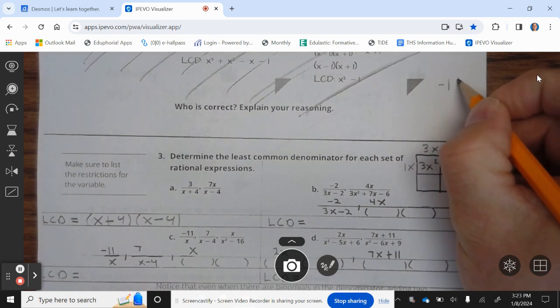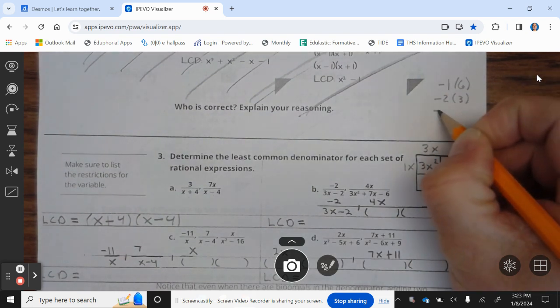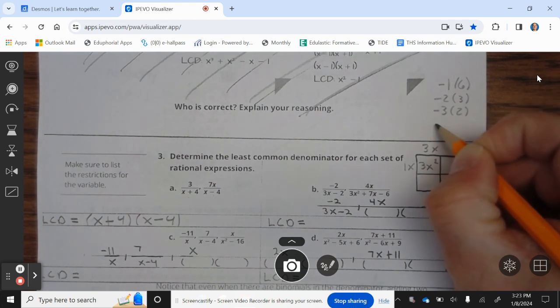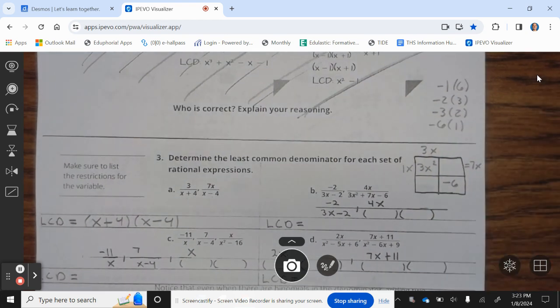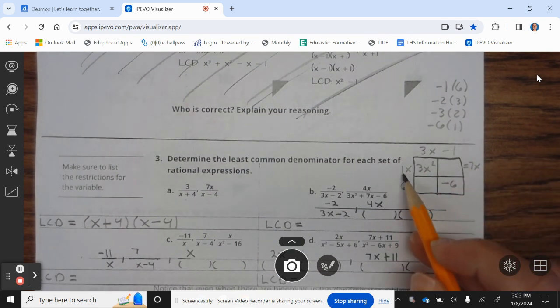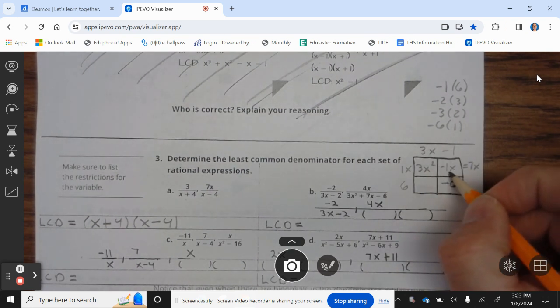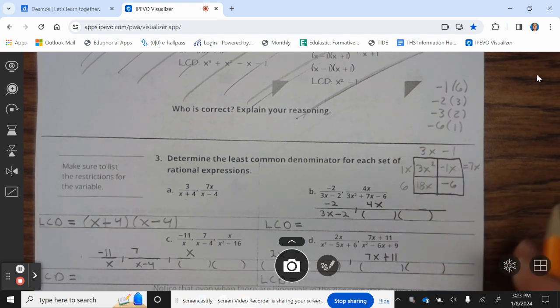So we have negative 1 and 6, negative 2 and 3, negative 3 and 2, and negative 6 and 1. Okay, so let's try negative 1 and 6. 1x and negative 1 is negative 1x. 6 times 3 is 18x. This is nowhere near combined to be 7x.